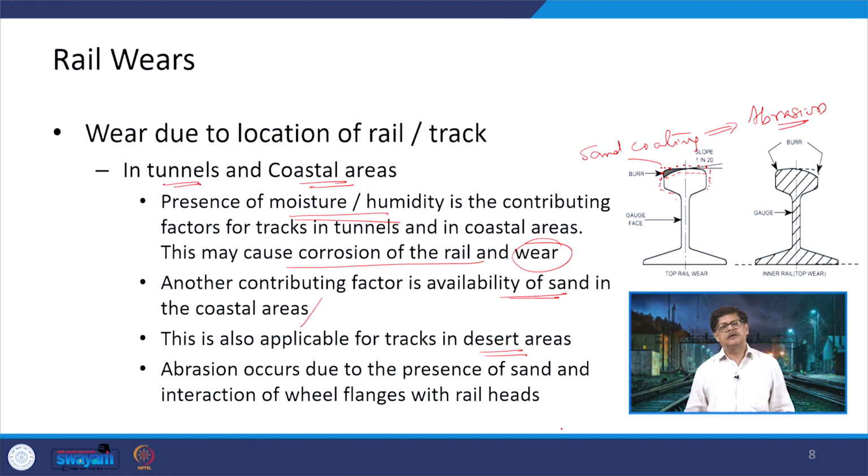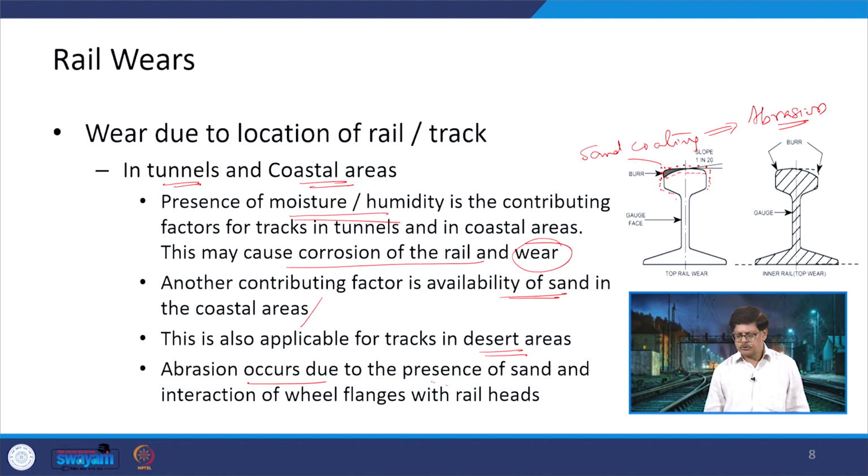And as soon as that happens, it will not be able to sustain the loads which are coming. You will find that they are going beyond the permissible limits or the strength parameters which are there, and finally the wear will start happening at a faster rate.